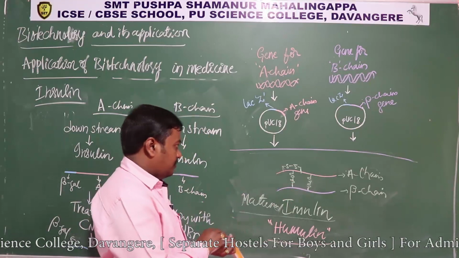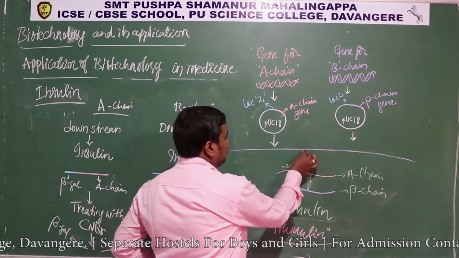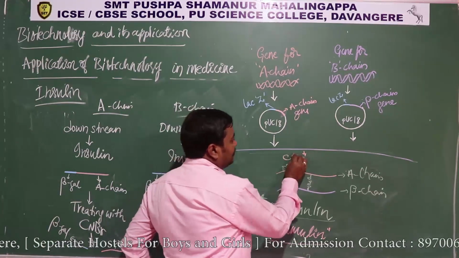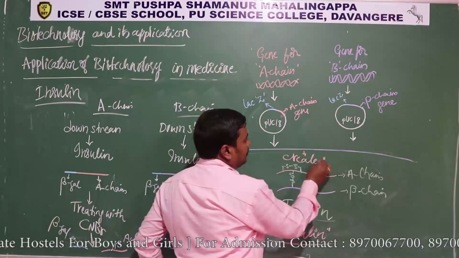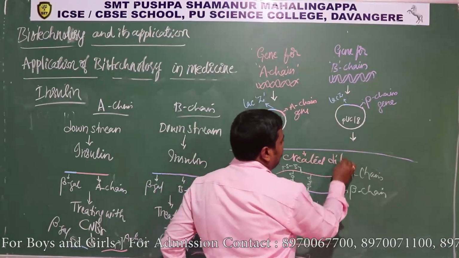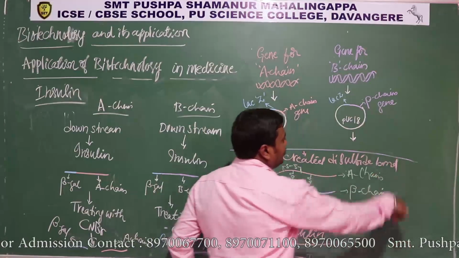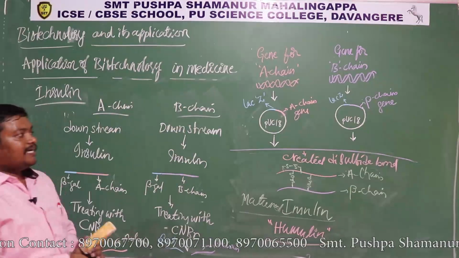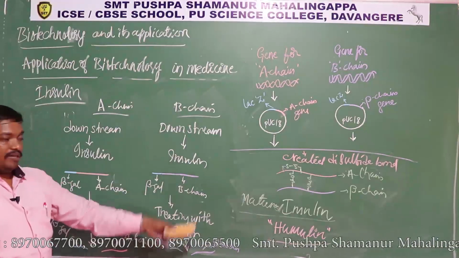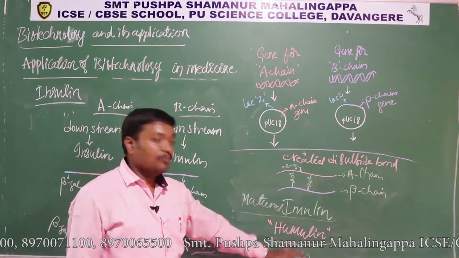Okay, so this point is mentioned. Next point, created a disulfide bond between A chain and B chain. Finally they have obtained insulin. They sold this insulin in the name of Humulin.